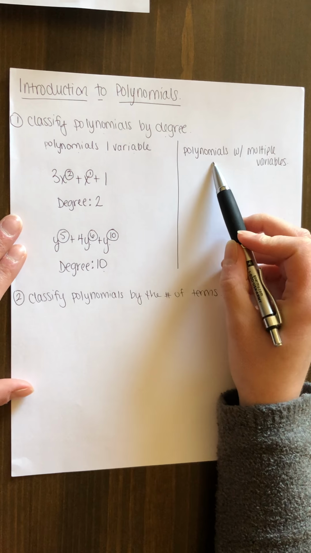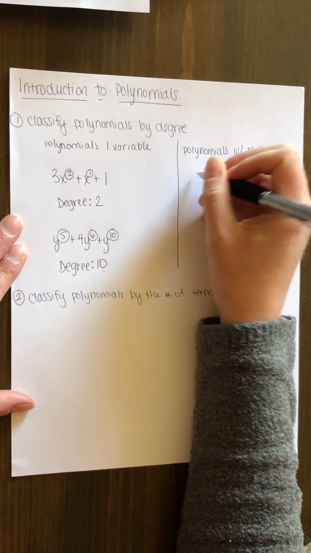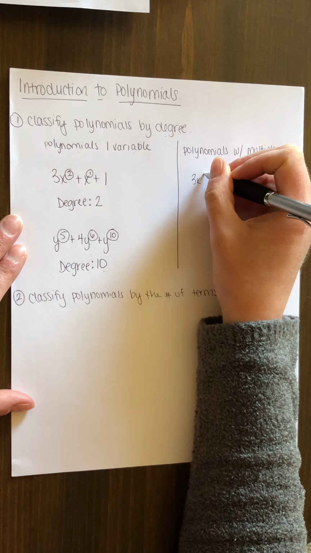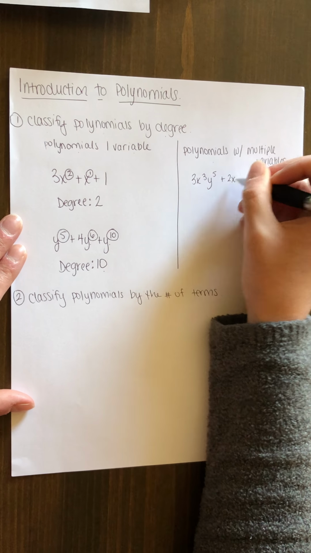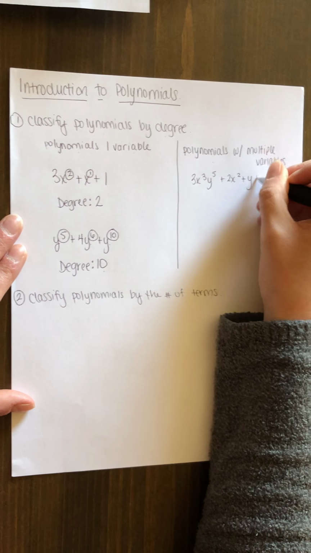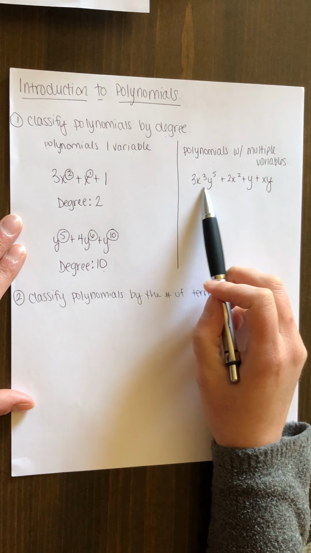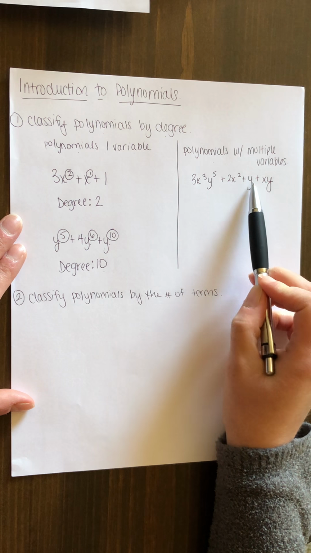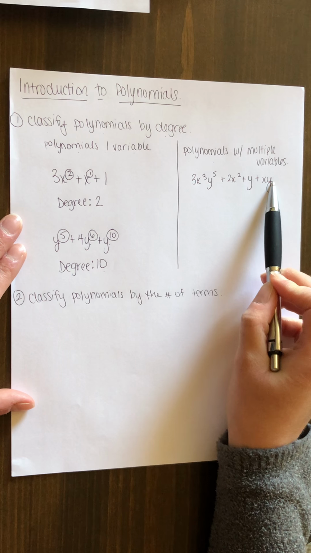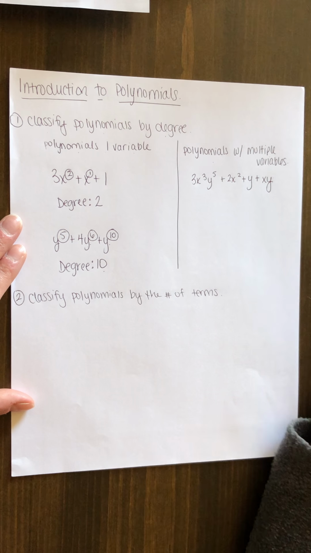Now, if we're talking about polynomials with multiple variables, that's going to look something like this, where if I scan over the expression, I see X's and Y's, X's and Y's, X's and Y's. So this has multiple variables because there's both X's and Y's.